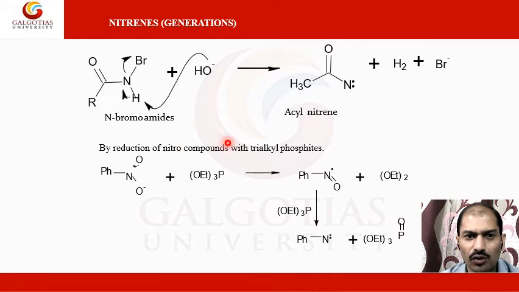The reduction of nitro compounds with trialkyl phosphites will also give you nitrene species, and this intermediate will make a phenyl nitrene, as in this case. This species is formed if you start with trialkyl phosphite. This is the trialkyl, with the ethoxy group, the O, Et group, three of them.